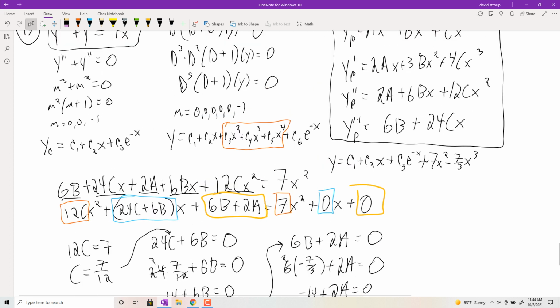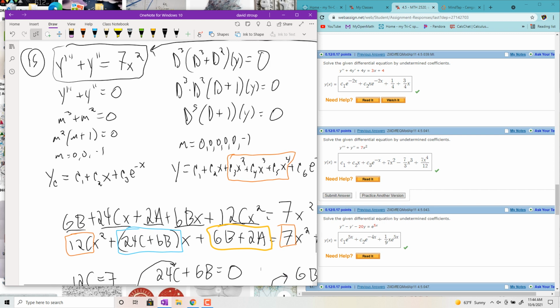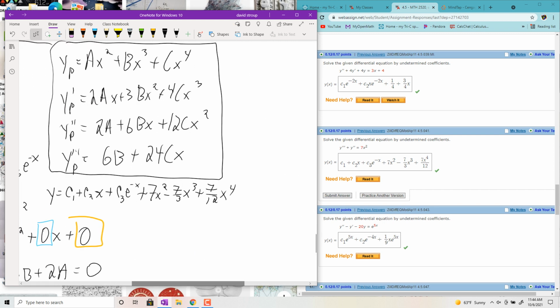And then c is 7/12, so plus 7/12 x to the 4th. And then you say a prayer and plop it into the WebAssign, and hopefully you have the right answer. In this case, I do. Okay.